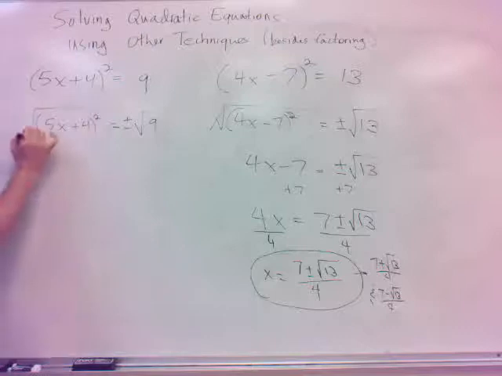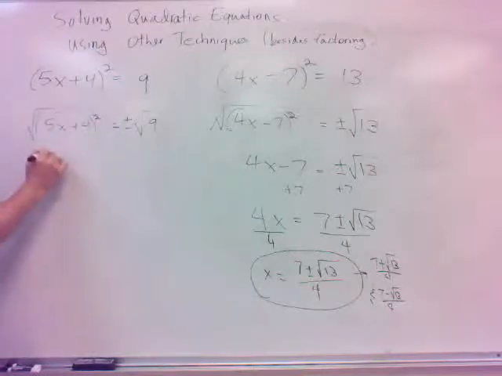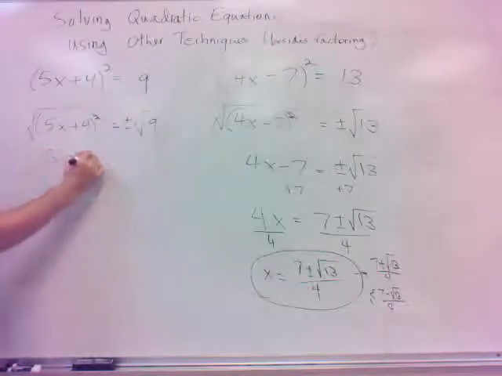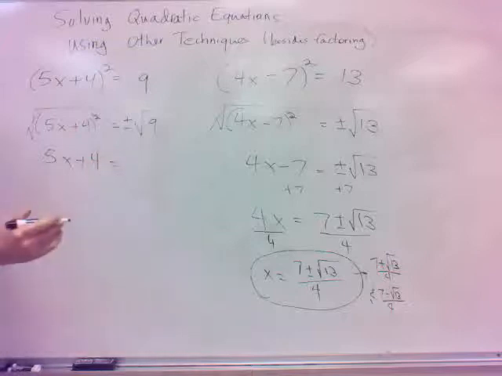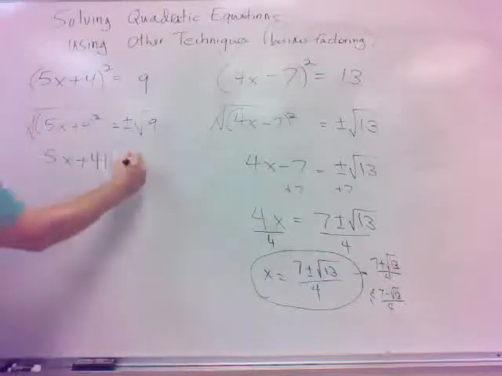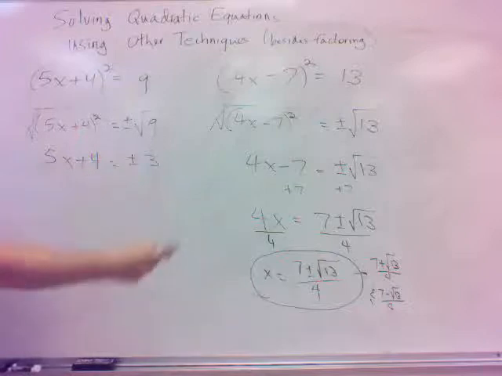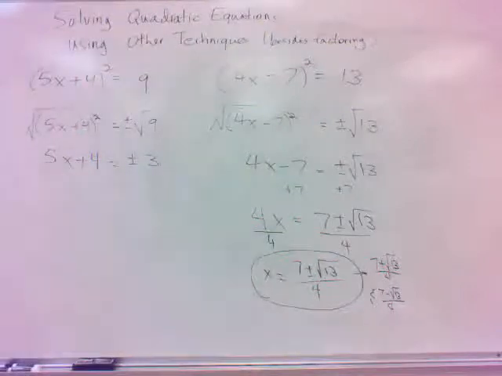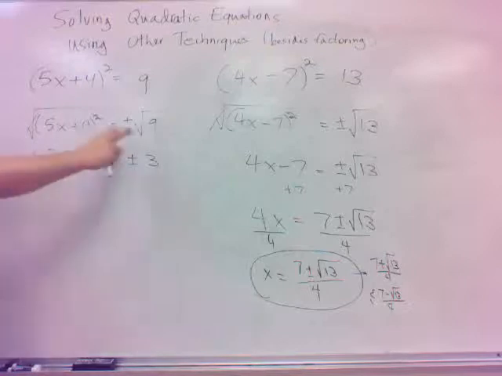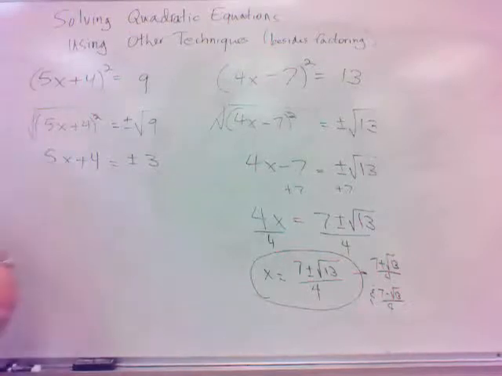So what happens is simplifying here, the left side's 5x plus 4, and then the right side, well, that simplifies too. Yeah, if you can simplify your square root, I didn't have one that simplified on the other one, but square root of 9 simplifies. If you get a square root of 12, you want to simplify it.